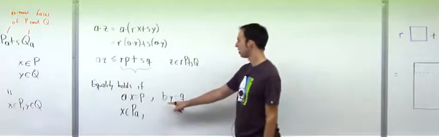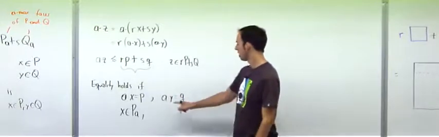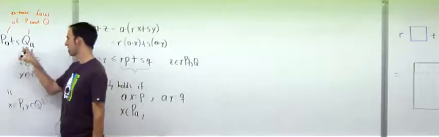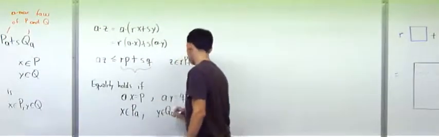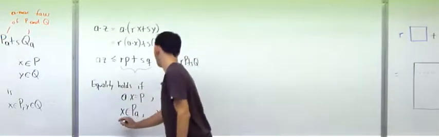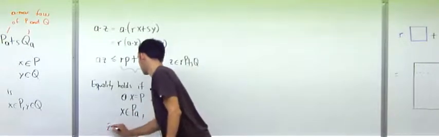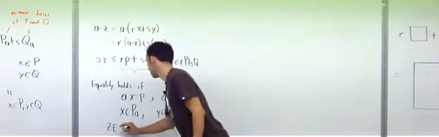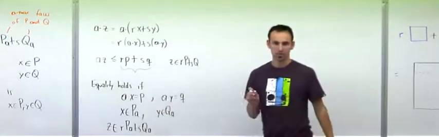And this inequality becomes an equality when y is in the extreme face Q sub a. And so equality holds if z, which is rx plus sy, belongs to rP_a plus sQ_a.